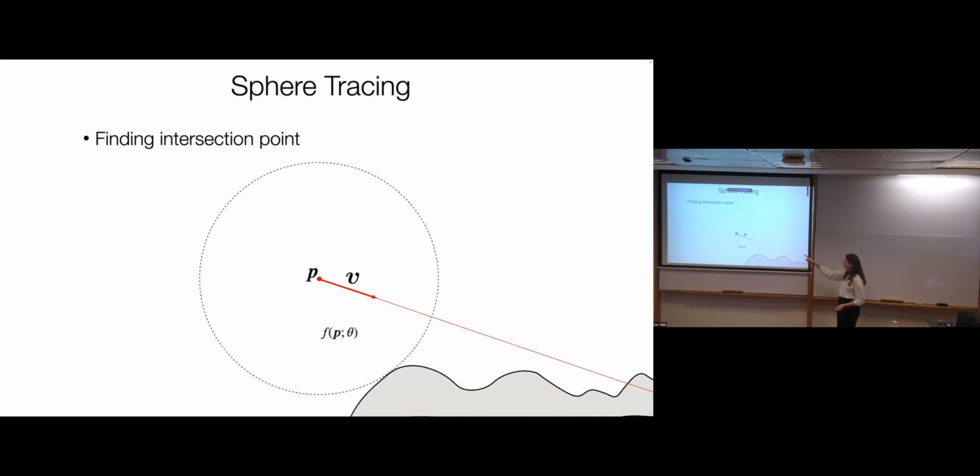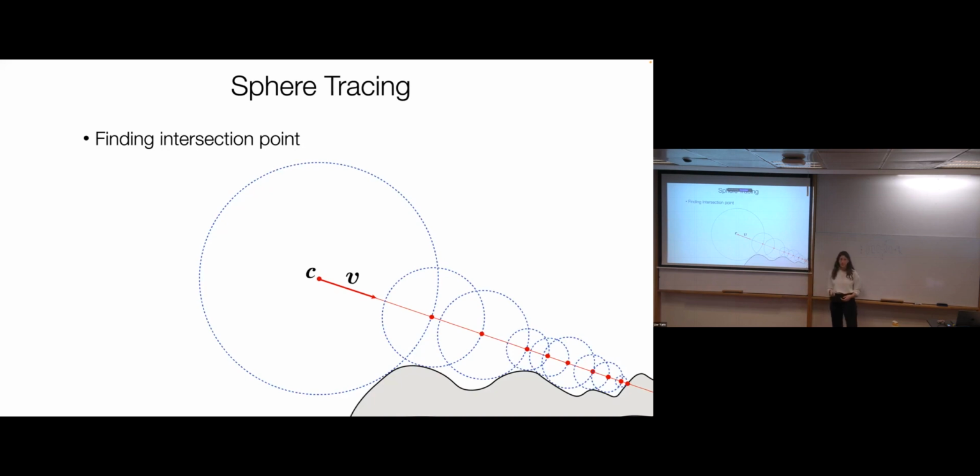At this point we query the signed distance function, and it gives us this sphere. We know that if we trace a distance equal to the radius of the sphere, there's no way we cross the surface, because this is the signed distance to the surface. So we trace until this point, query the signed distance function again, and trace again using the spheres until eventually we reach the intersection point.